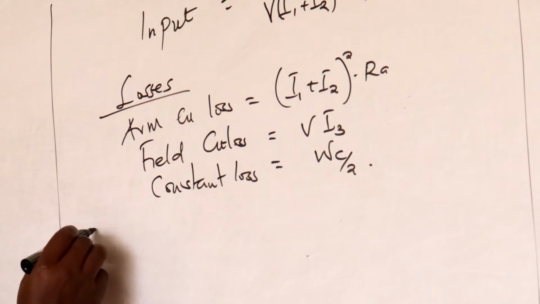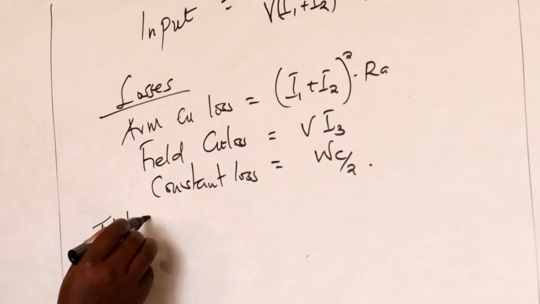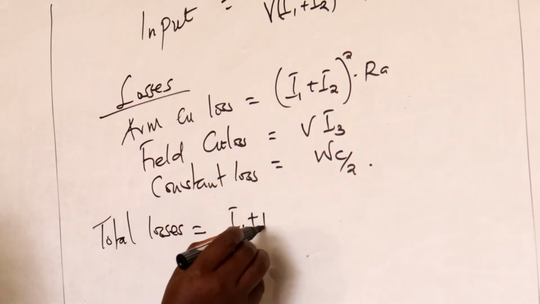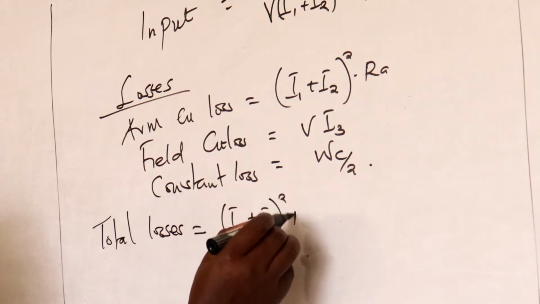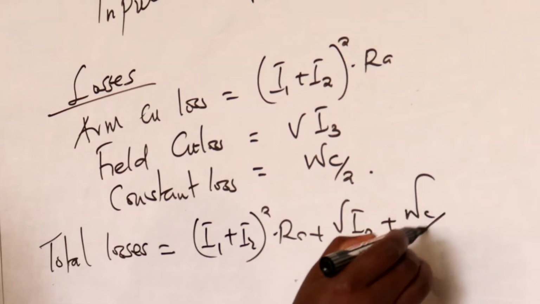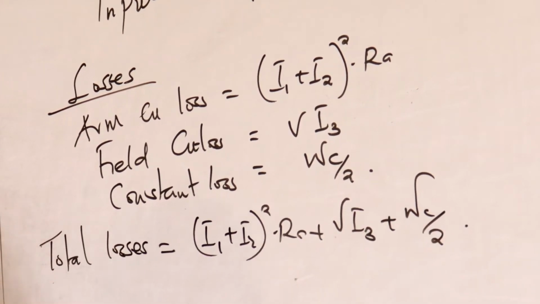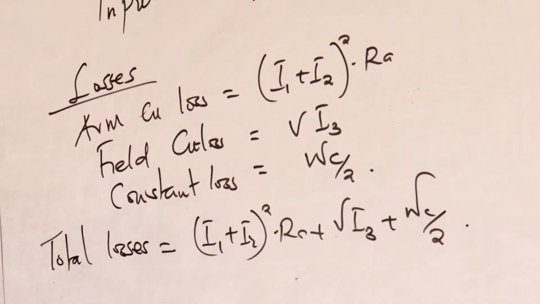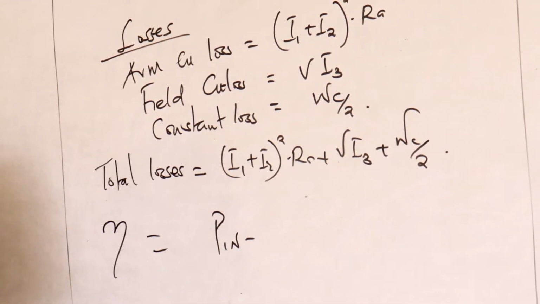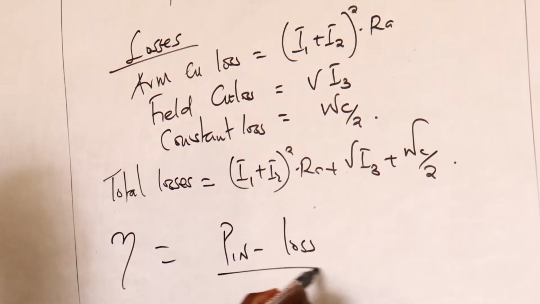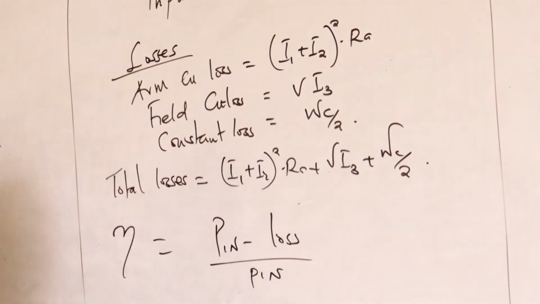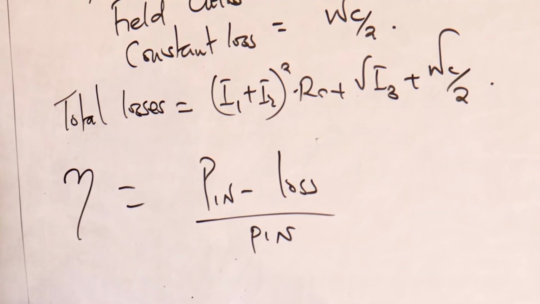So the total losses will be given by (I1 plus I2) squared R plus VI3 plus WC divided by 2. Therefore, efficiency in a motor is equal to P in minus losses over P in. What is the input?